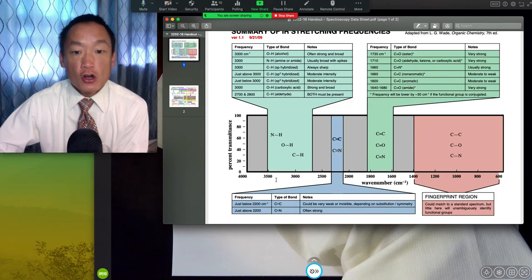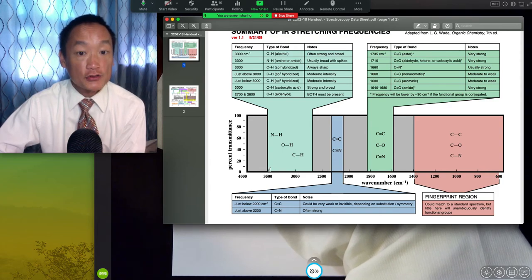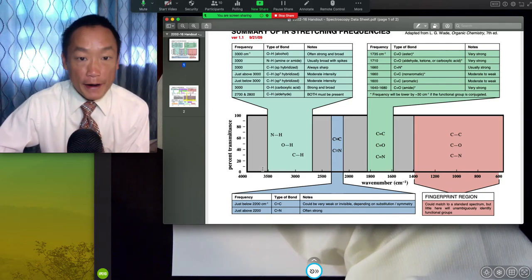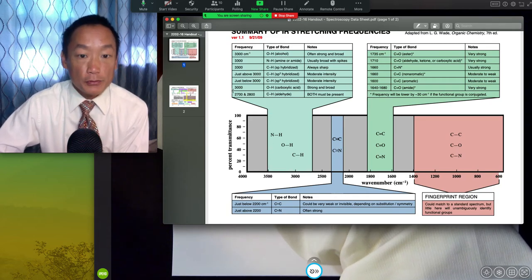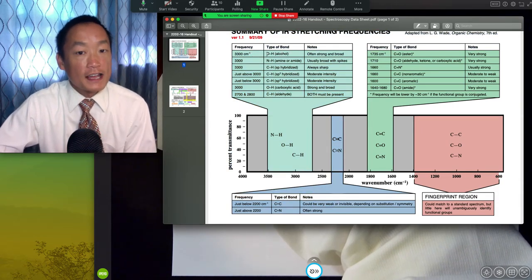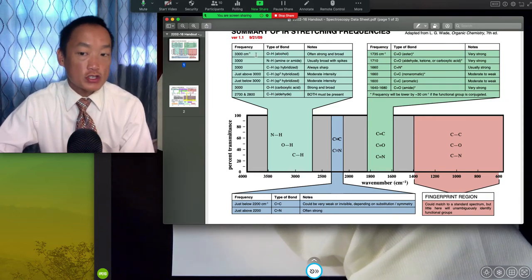So when we look at, let's say, the 3,500 inverse centimeters region on an IR spectrum and ask ourselves, what the heck, if we see a peak at this point, could that be a result of? Then perhaps when we look at this table, we would see, well, there's nothing at 3,500, but let's say 3,300 inverse centimeters. We would typically find an OH at that 3,400 inverse centimeters.